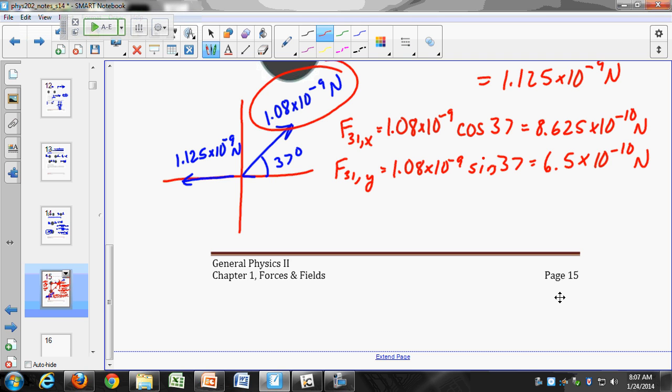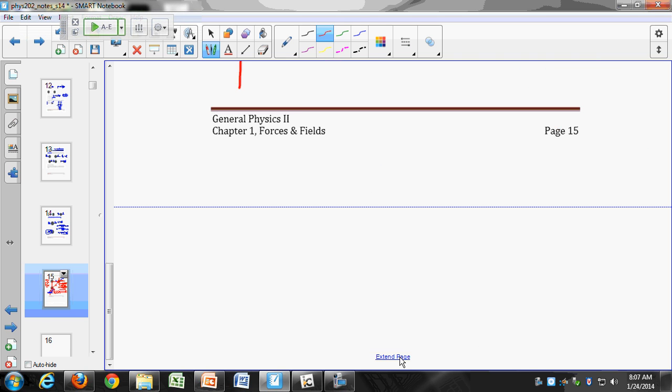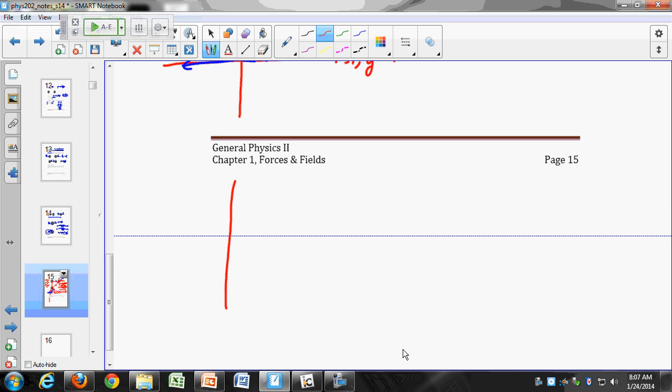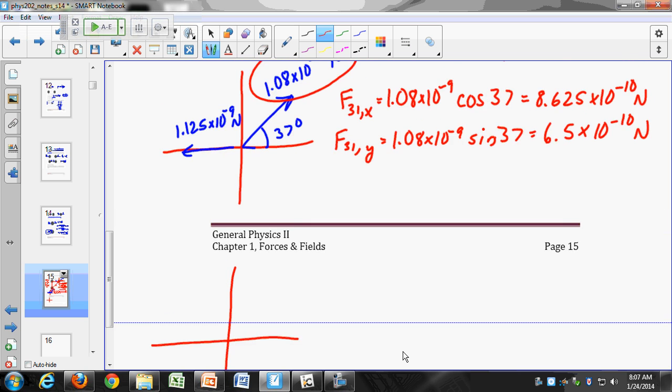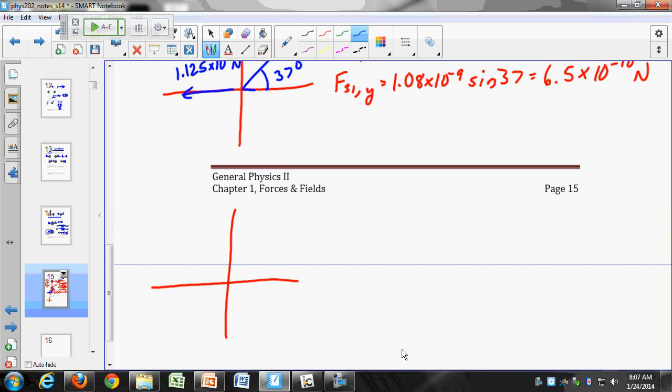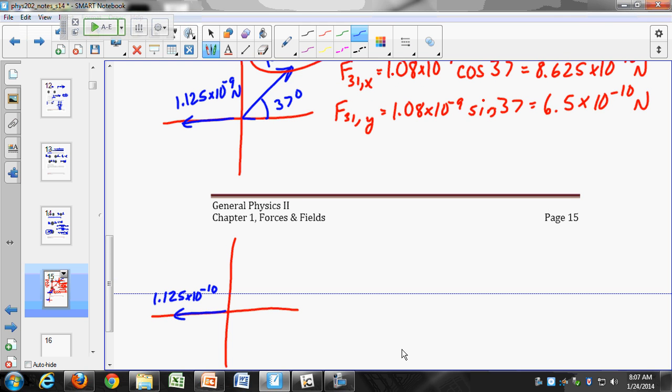So now I'm going to redraw this. Again, you can flip to the next page if you like. The x component is 8.625, and the y component is up 6.5 times 10 to the minus 10.